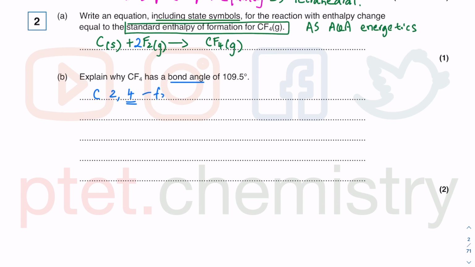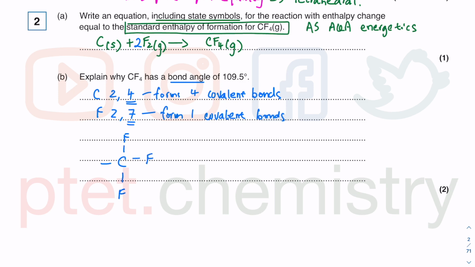So they will form 4 covalent bonds. Fluorine has 7 electrons in the outer shell, therefore you want to form 1 covalent bond to complete your outer shell, which is the second shell right now. So when I draw this molecule, I will have a single bond between fluorine and carbon because the fluorine shares 1 electron, the carbon shares 1 electron. But the carbon wants to form 4 covalent bonds, so I have 4 of them.